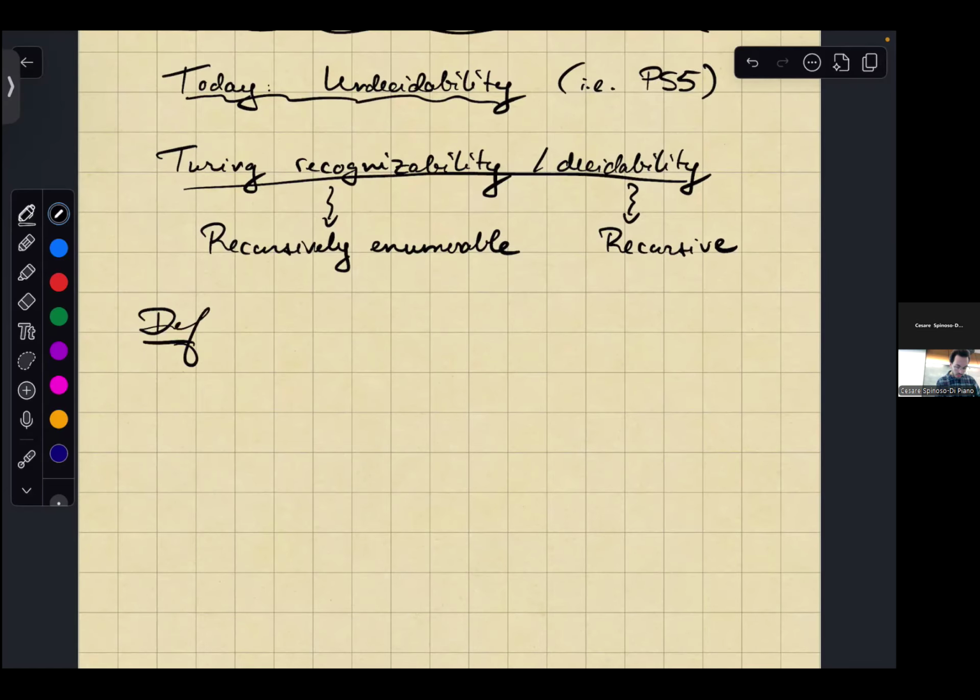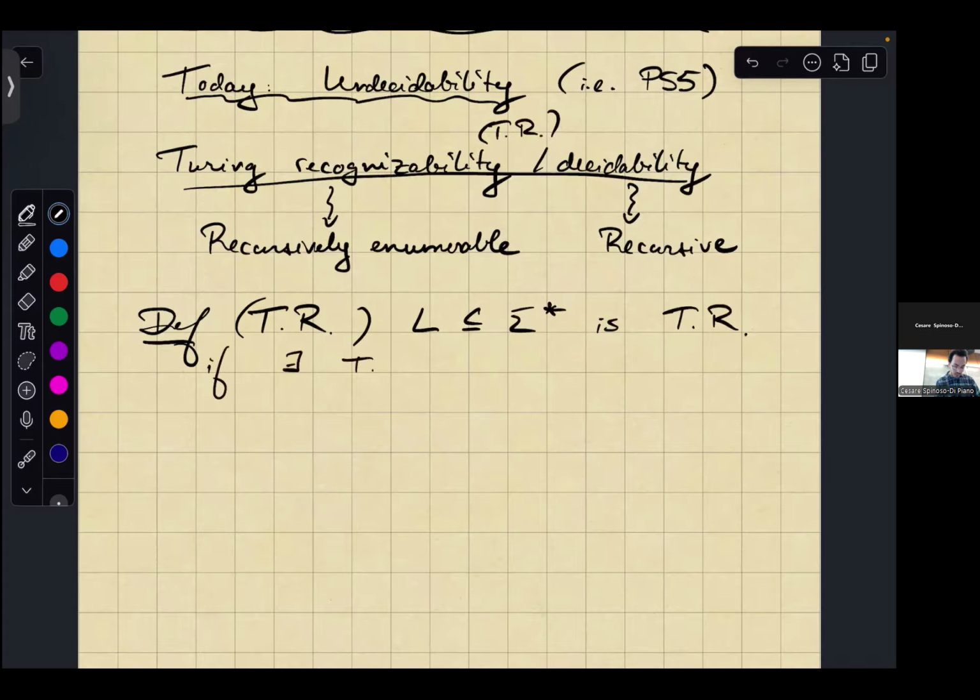For Turing recognizability, which I'll just write as TR, we say that a language L is Turing recognizable if there exists a Turing machine M such that the Turing machine recognizes L. This is very similar to the definitions you've been given about regular languages and also about context-free languages when they were talked about in terms of PDAs.